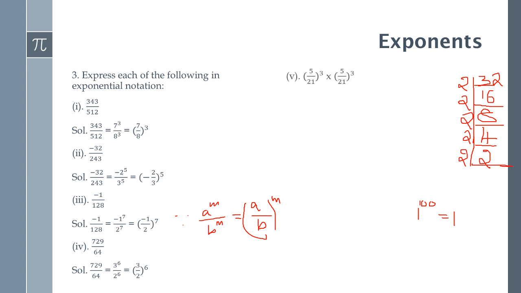Now coming to the next one. Here it is a multiplication. This was a normal formula-based sum, but here the formula is changed.